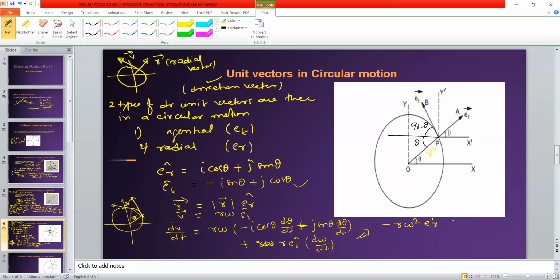This is the er unit vector, plus d omega by dt, that is r alpha et. So the acceleration vector has two components: minus r omega square er plus r alpha et. Okay, we'll further discuss it. So let's go to the next slide.